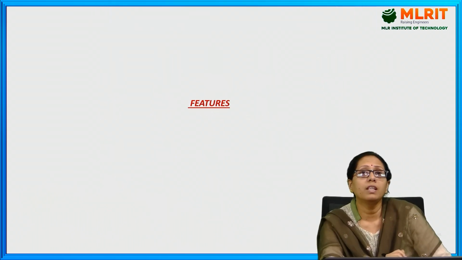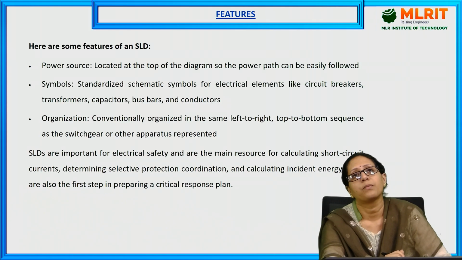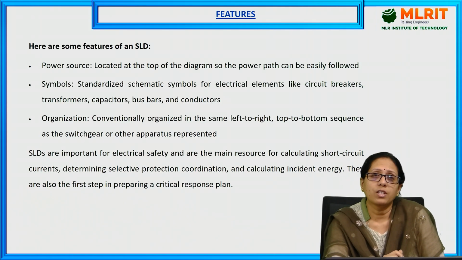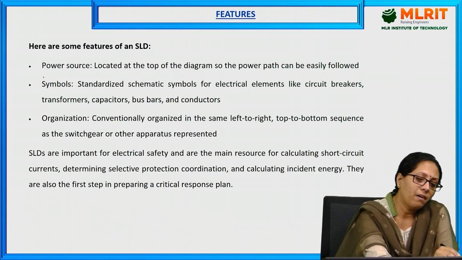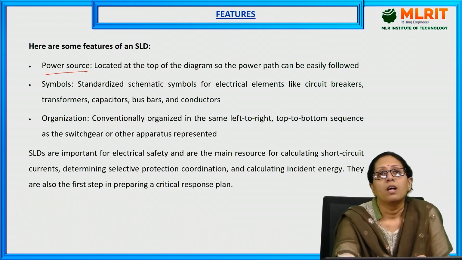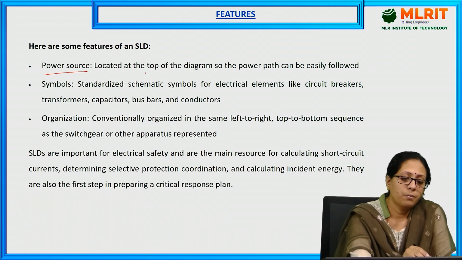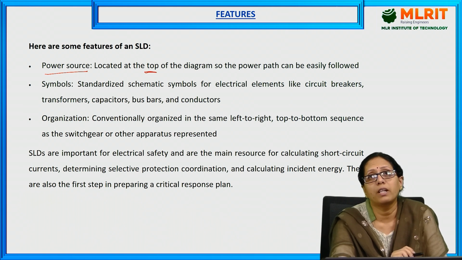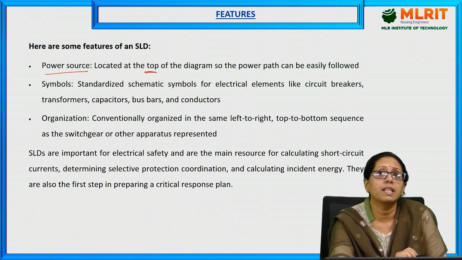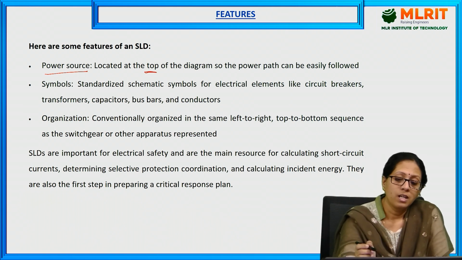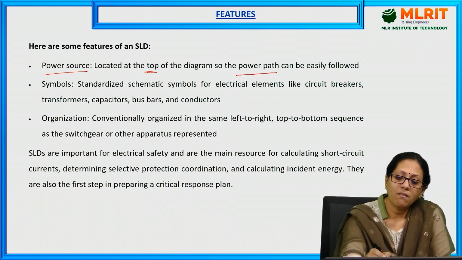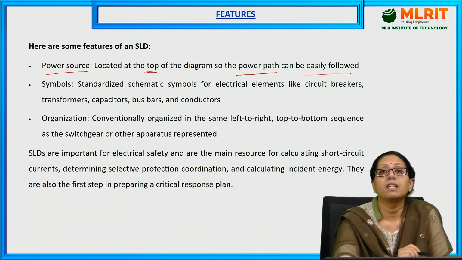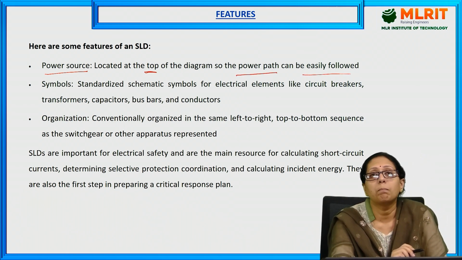Features. What are the features of SLD or single line diagram? Here are some of the features, like the power source, the location from top. Mostly the power source should be located on the top of the single line diagram to show the power path and we can easily follow the power path from this particular source.